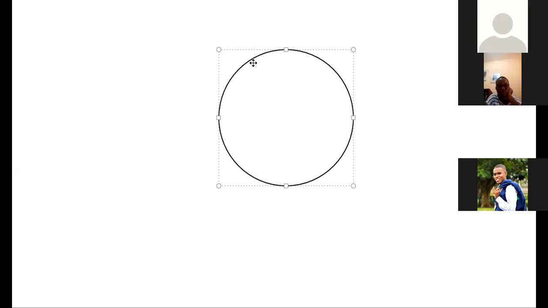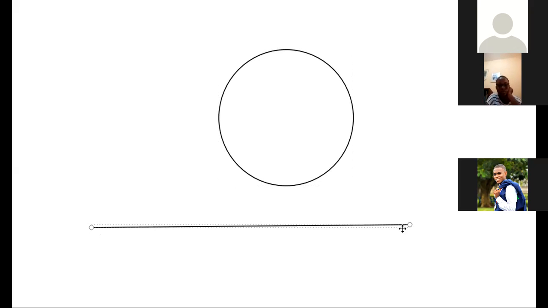Now, if you are able to make this circle a straight line and draw it in a straight line form, the length of this straight line will be termed as the perimeter of this circle, right? So the perimeter of the circle, which is this line, is what we are looking for.